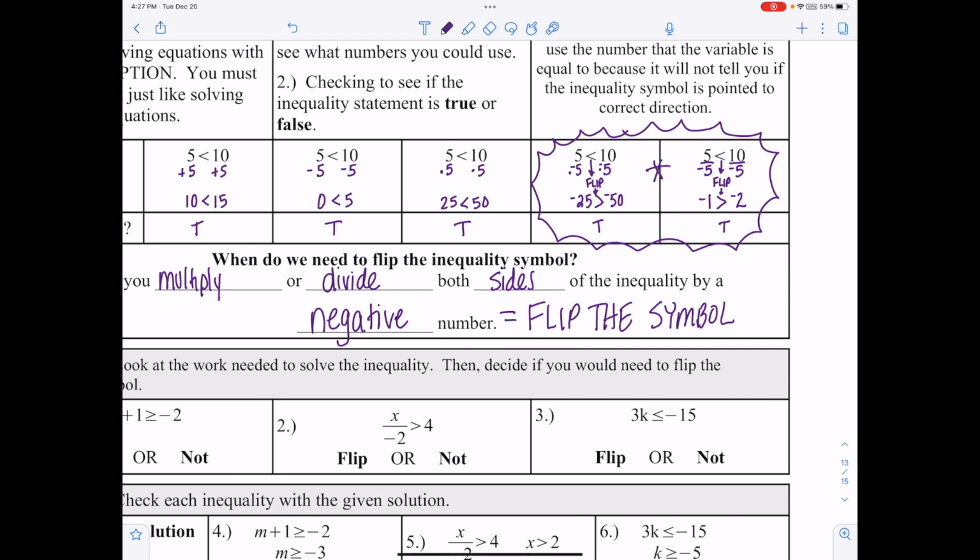So you have to flip the symbol because of the way our integer rules work. When you do that operation, we will always flip the symbol. And so just remember, that's only multiply or divide.